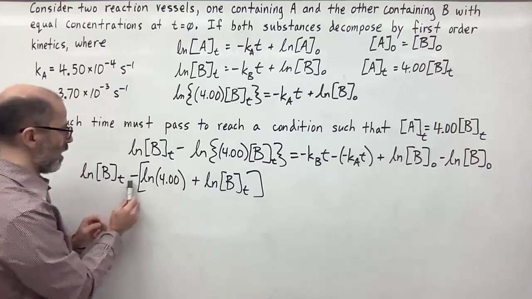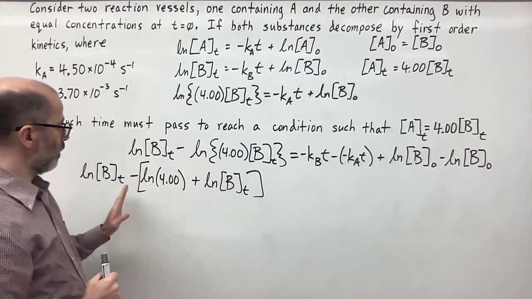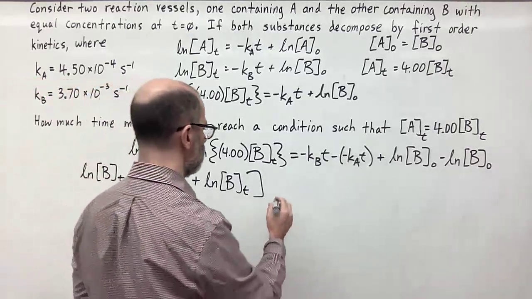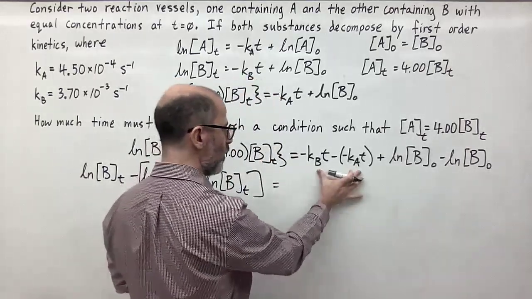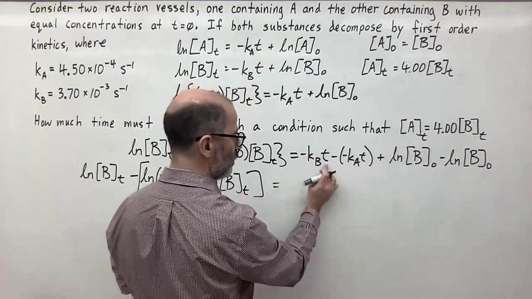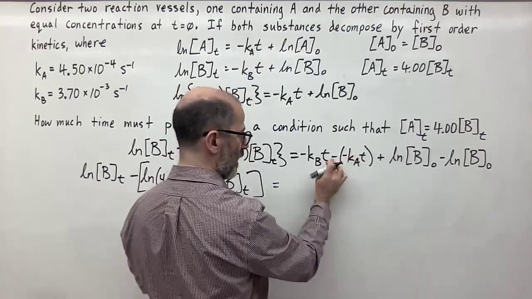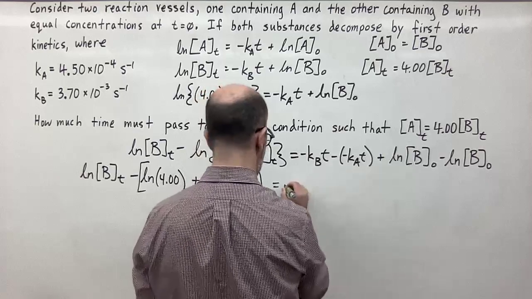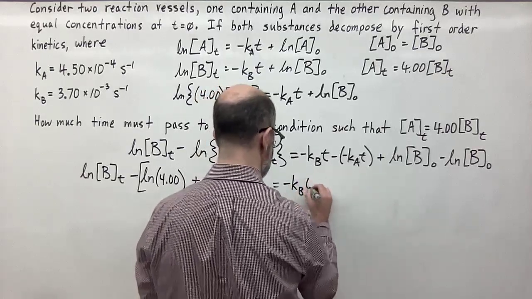And so I have the negative here, the minus sign is here. We'll come back to that in a moment. And again, this is going to be equal to this. I can pull out the t here. So I'm going to pull out the t. And here, I have a negative and a negative. So that's going to be negative Kb times t.